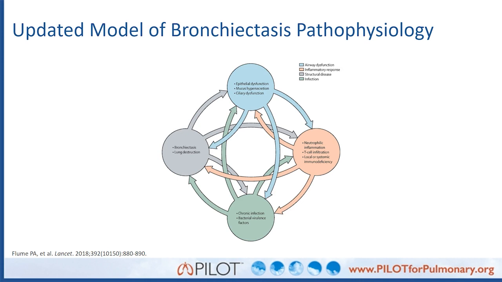And the purpose of this is not that just one step feeds the other. Each of these can feed on themselves. So for example, if you have impaired mucociliary clearance, not only does that create an environment that's ripe for infection, that impaired mucociliary clearance can't clear out the inflammation that has accumulated there, which is inciting more inflammation.